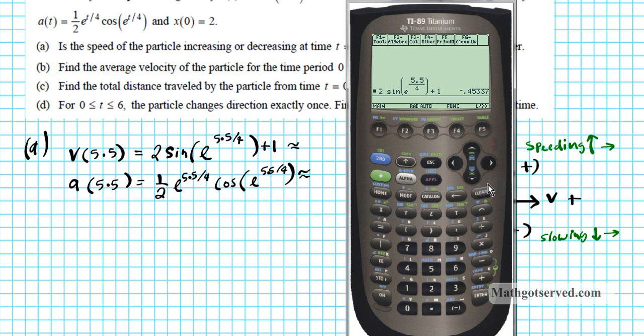Now let's enter the expression that will give us the sign of the acceleration. 1 over 2, 1 divided by 2. Let's group that in parentheses. And then we have e to the 5.5 over 4.